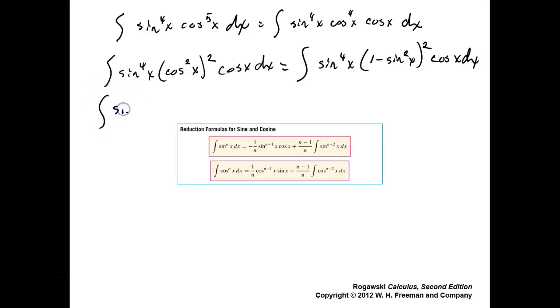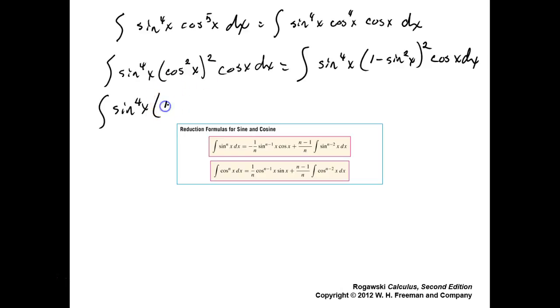Integral of sine fourth x times, we have to square that one. And what does that give us? Okay, no, sine fourth is already there. Okay, square just that term there. Oh, you were squaring the sine squared? Yeah. You were probably doing it right. I just do it this way.